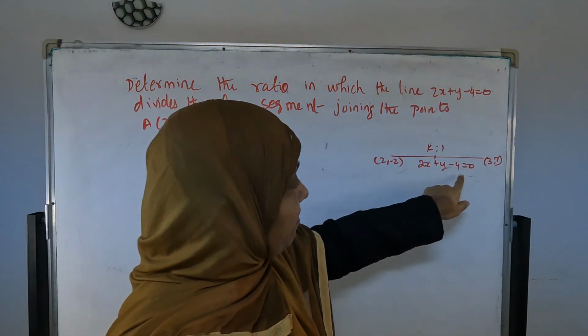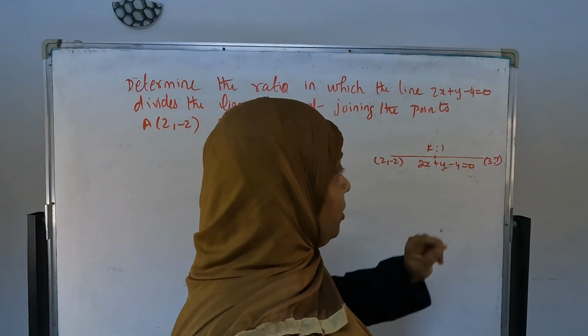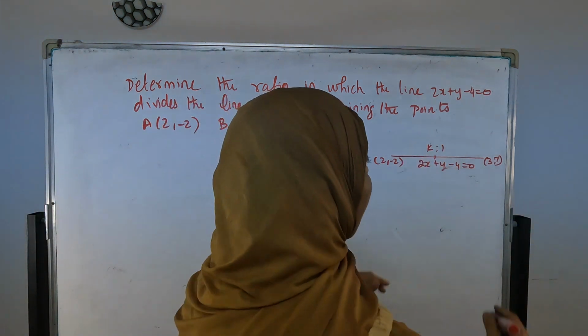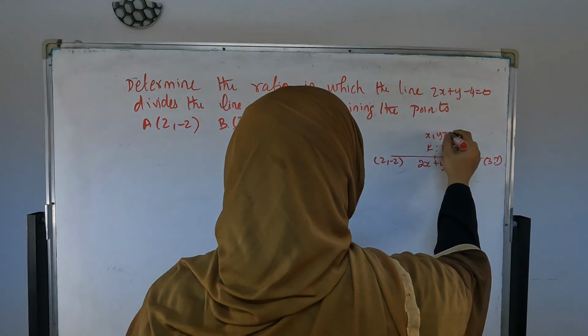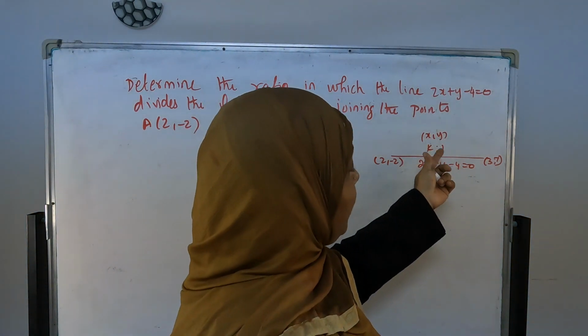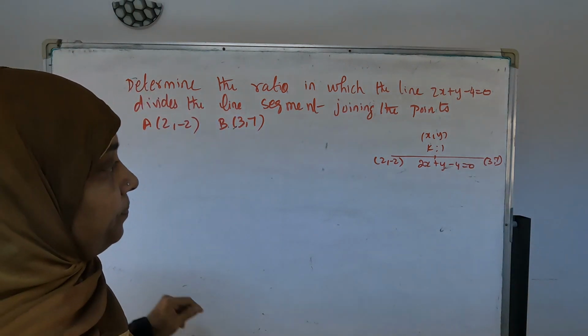The line equation they gave here is 2x plus y minus 4 equal to 0. What we are going to do is first find the x and y coordinates of this point, then substitute the coordinates in x and y, and automatically we will get k because there is no other chance.